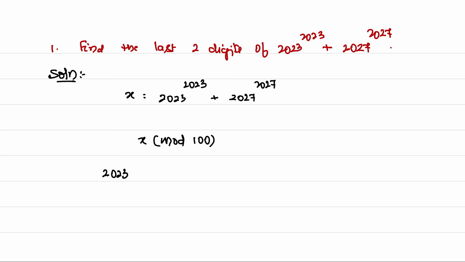2023 is nothing but equivalent to 23 mod 100. Why is it so? When you divide 2023 by 100, you will get a remainder of 23. This is the remainder.